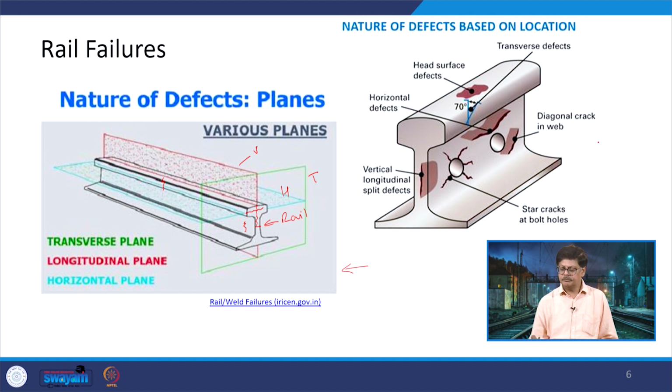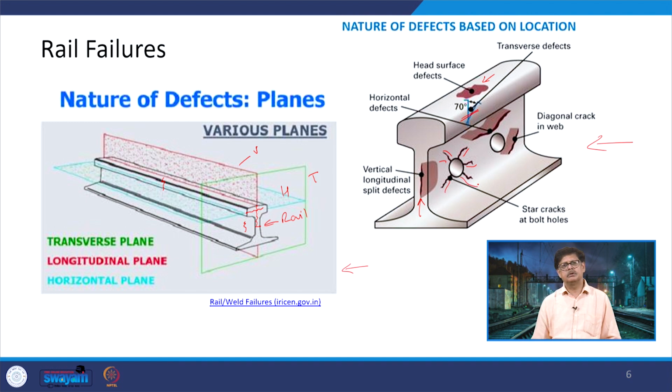Then otherwise, if you look at the right hand side diagram which is given here, what you can find is the transverse defects, they are occurring here. So, these are the transverse defects. Then in the head of the rail, if you see, this is on the surface. So, there are some surface defects which are occurring. Then there is a vertical crack which is going on in the web section. There is a hole for the placement of the fish bolt. So, what we found is that these cracks are coming out of it.